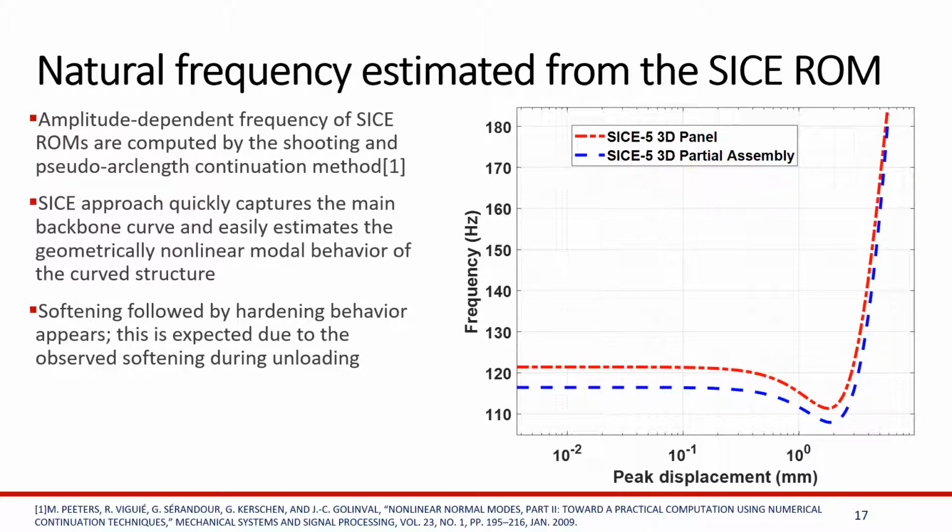Now the SICE approach, as we can see, is able to quickly capture the main backbone curve seen in the previous slide, and we can estimate the amplitude dependent frequency behavior as you can see in this slide here. We observe slight softening behavior followed by hardening, and this is expected because of the observed softening during the unloading case.